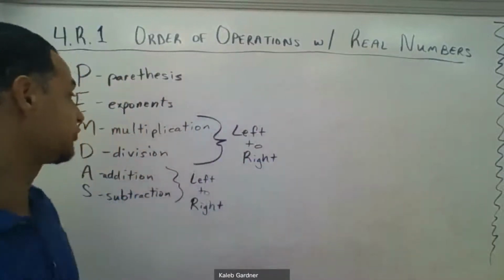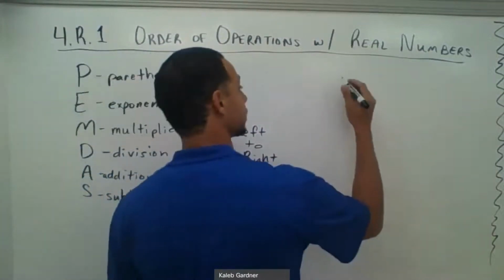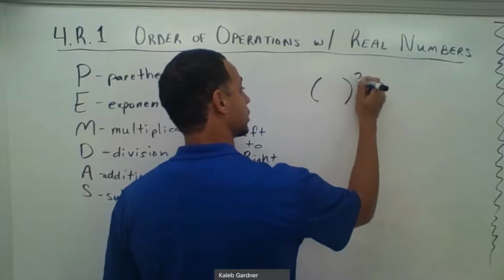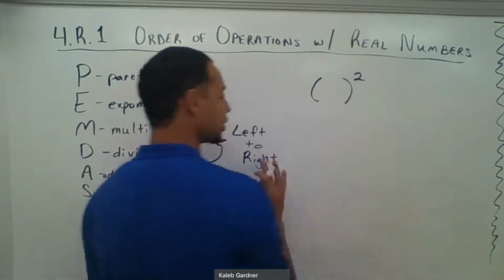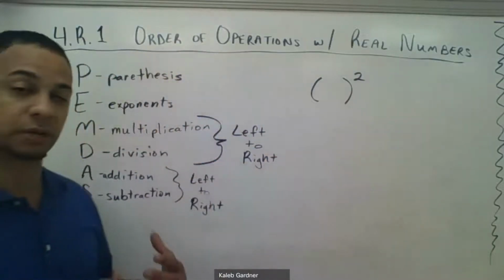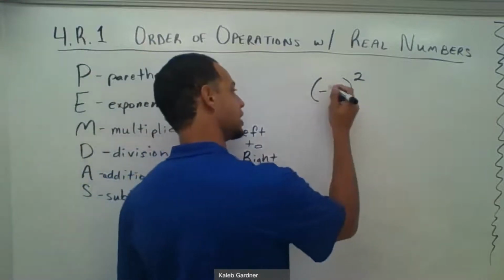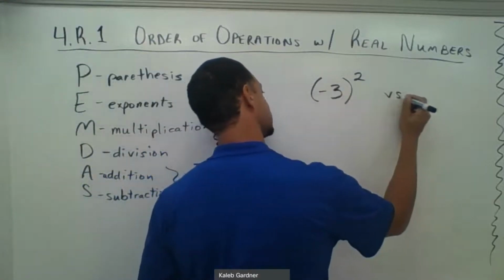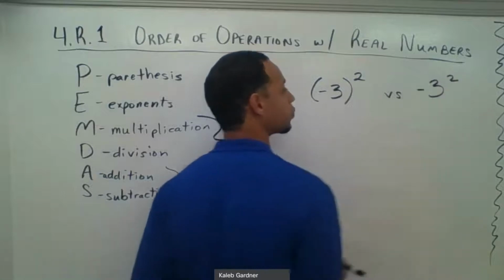All right, so what if we had an example like this one? Matter of fact, before we go into more order of operations, I want to make a point. If we had (-3) squared versus -3 squared, what's the real difference?